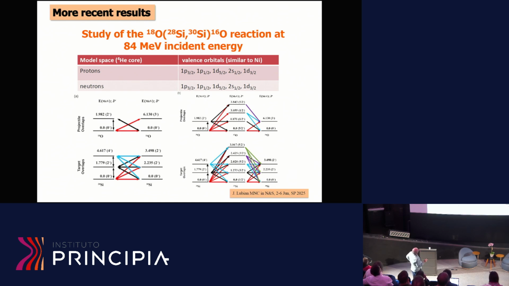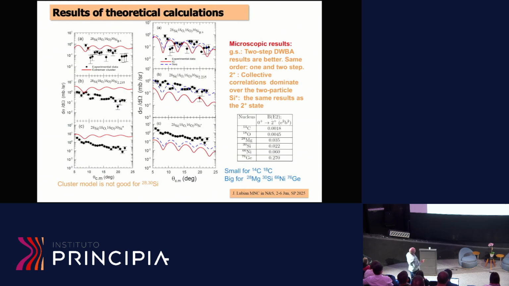Finally, we study a well-deformed nucleus already in the ground state, that is silicon-28. This is the model space used. In this case, we are in the middle of the two closest shells, so you need a larger model space and a more complicated shell model calculation, but in the end, you can obtain quite reasonable results here. On the left, we have the result for the cluster model. Even if it is a light system, the cluster model overestimates the experimental data.